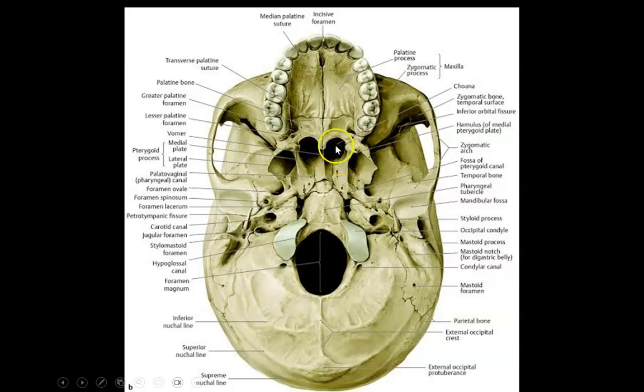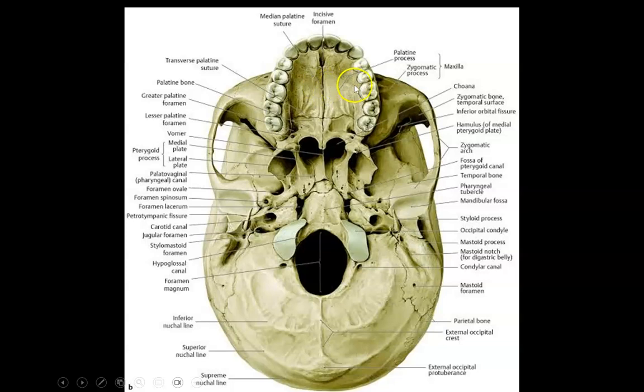What is the choana? The posterior nasal opening between the palatine bone, the nasal septum, and the medial pterygoid plate. And the medial pterygoid plate and lateral pterygoid plate unite together, forming a place where a nerve can pass, which is the Vidian nerve.